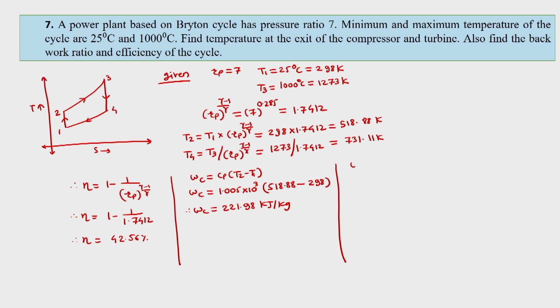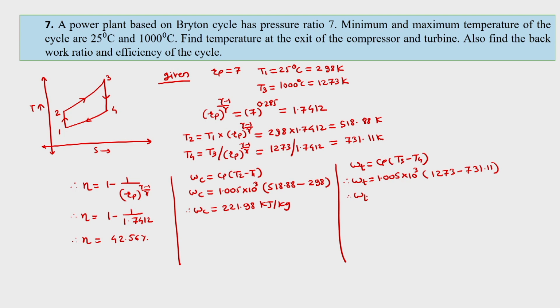Further, the turbine work is Cp into (T3 minus T4). So turbine work is 1.005 into 10 to the power 3 joule per kg Kelvin into (T3, which is 1273, minus T4, which is 731.11).